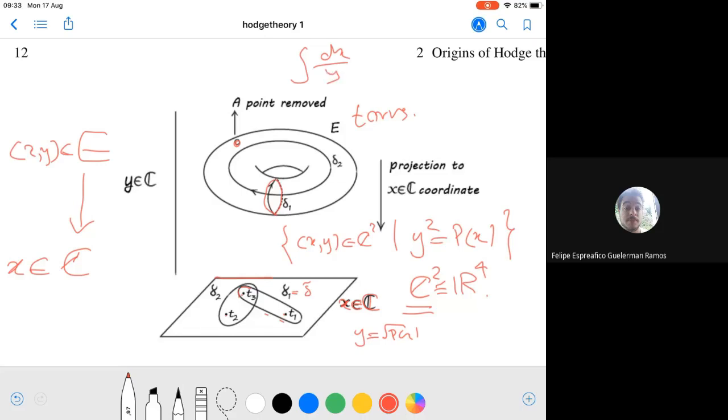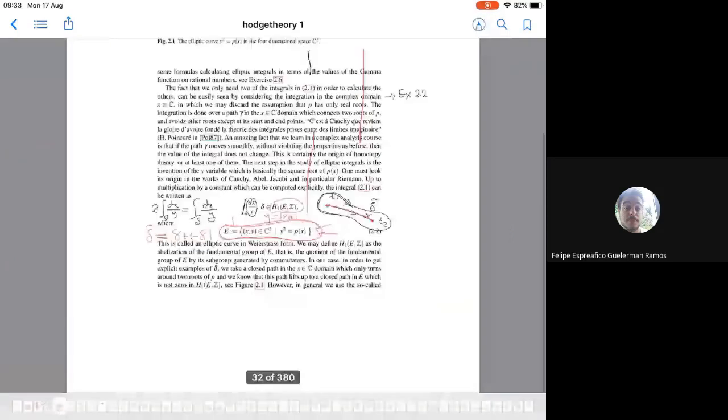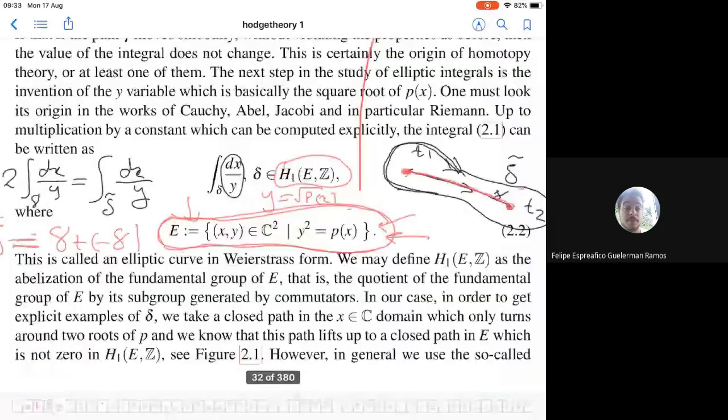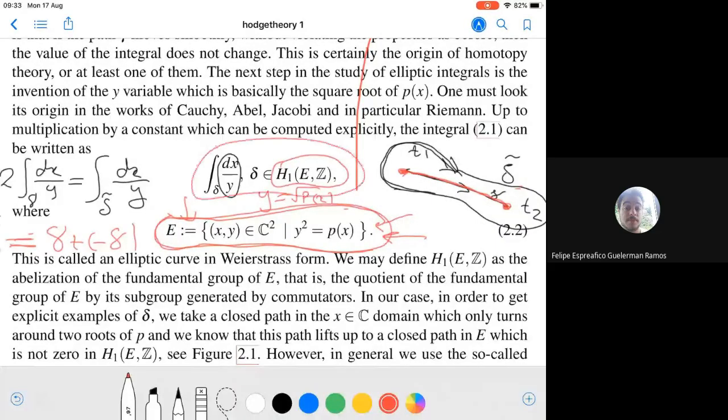So let's return back. At the end of the day, my integrals were reduced to this one. Something to say about the course: I really don't want to assume that people know all the machinery of algebraic topology.